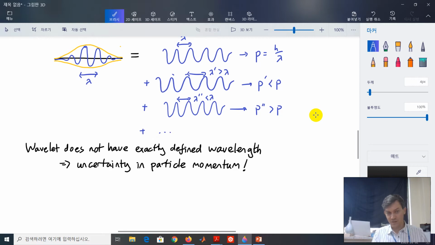So we can quantify this uncertainty as a statistical measure in terms of the standard deviation of momentum measurements, and then that gives us a numerical measure for the uncertainty in momentum measurement.